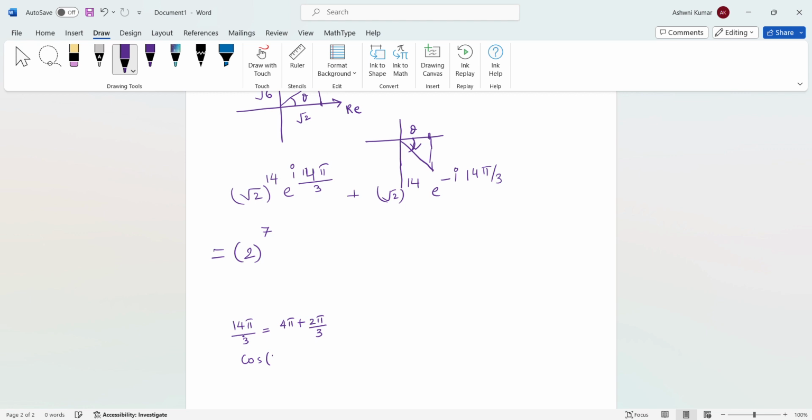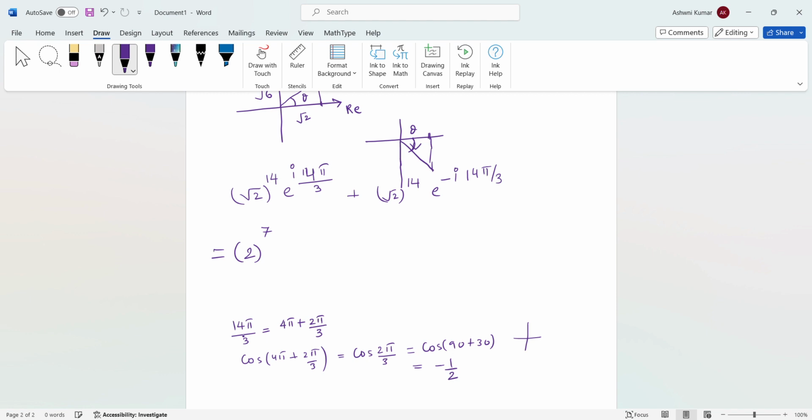Cos of 4 pi plus 2 pi by 3 is equal to cos 2 pi by 3, because 4 pi means nothing but two rotations from the origin, so it will come back to its initial point. Now we need to calculate the value of cos 2 pi by 3. Cos 2 pi by 3 lies in the second quadrant, that is 120 degrees, and in the second quadrant cos is negative. So we can write this as cos of 90 plus 30, which is equal to minus sin 30, that is minus 1 by 2.